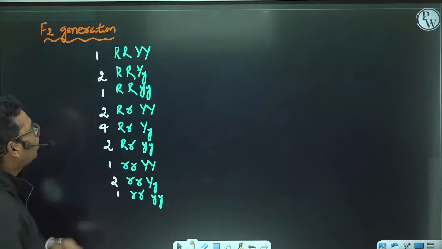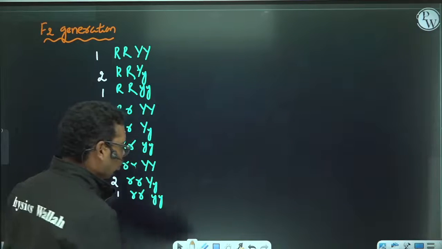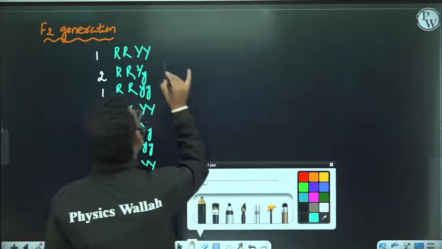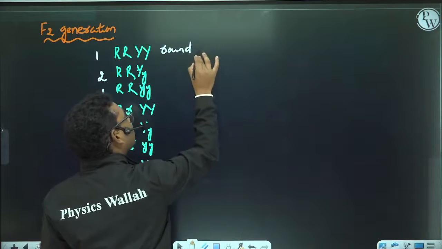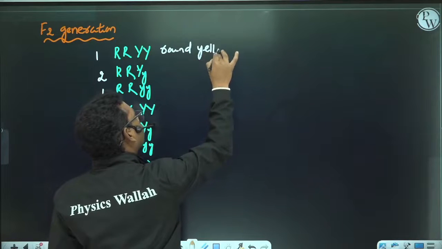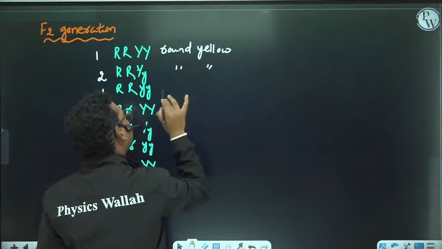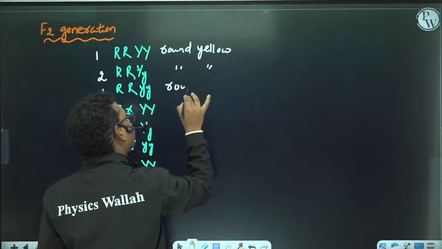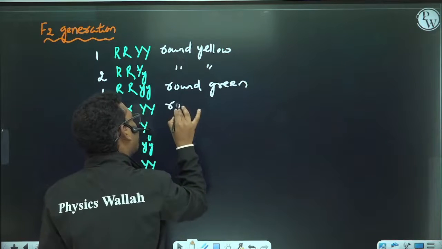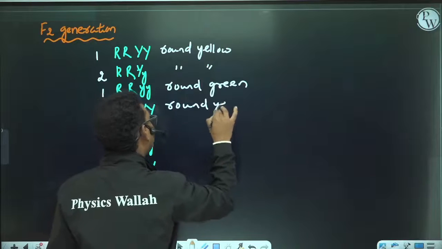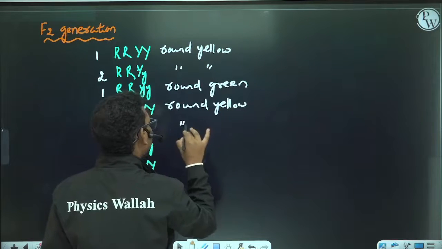Very simple. Now what will be the phenotype then? The phenotype will be very easy. Capital R is there, that means this will be round, and capital Y is present, that means this will be yellow. This is also round yellow. This is going to be round and green. This is going to be round and yellow. This one is also round and yellow.